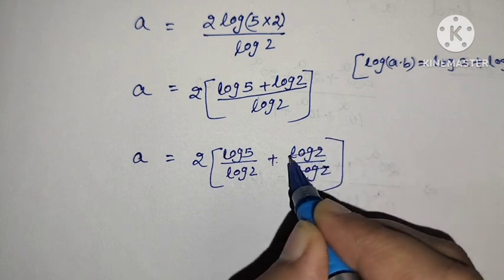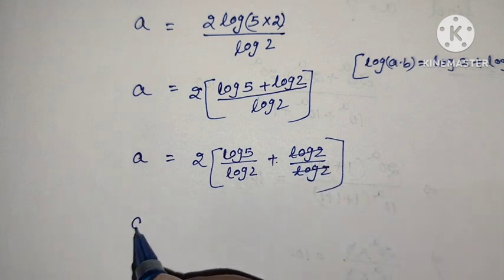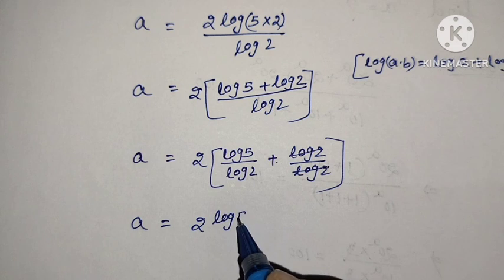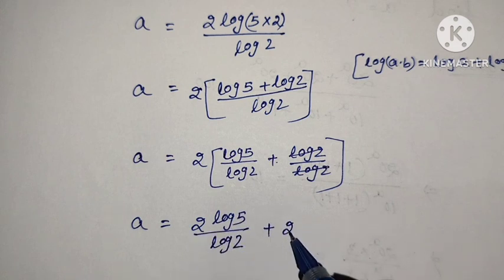Then log 2 cancel. a is equal to 2 log 5 by log 2 plus 2.